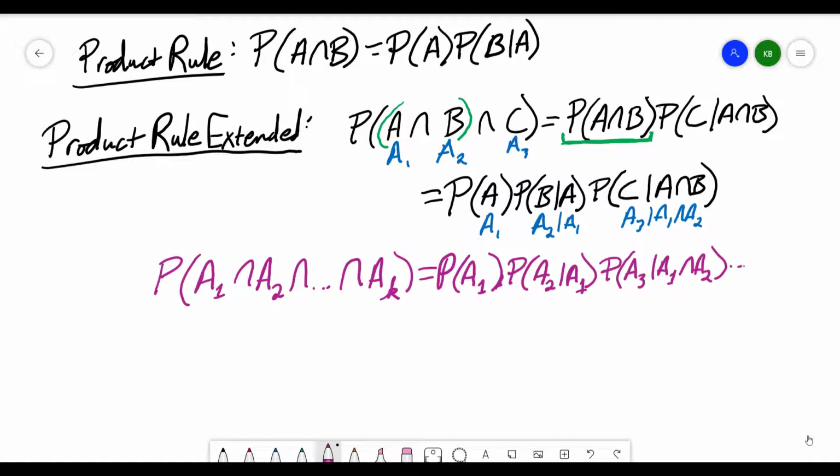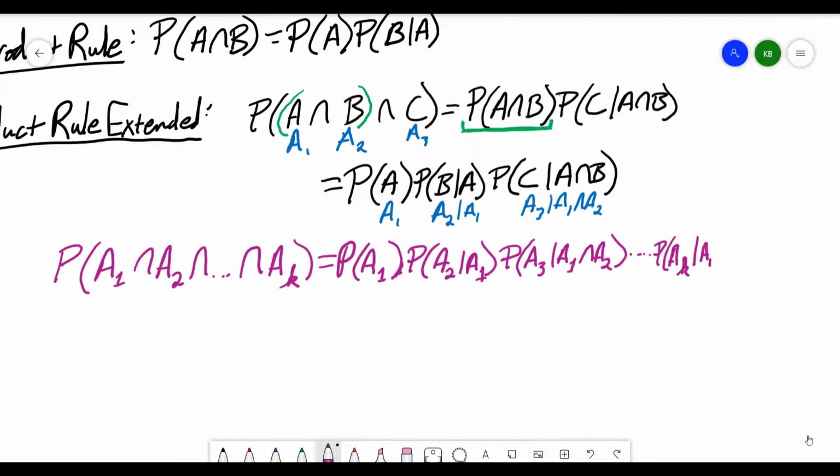And we'll just keep on going with this until we have the probability of AK given A1 intersect A2 intersect all the way up to the intersection with A sub k minus 1.